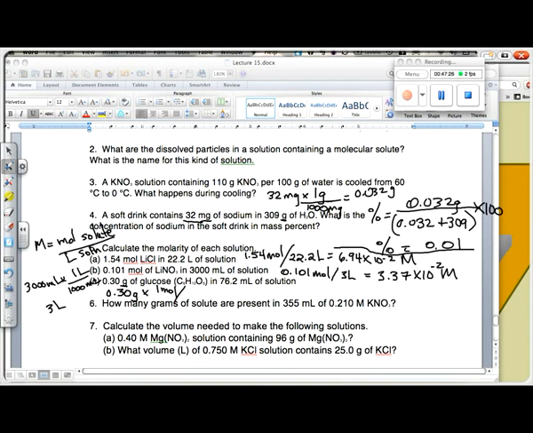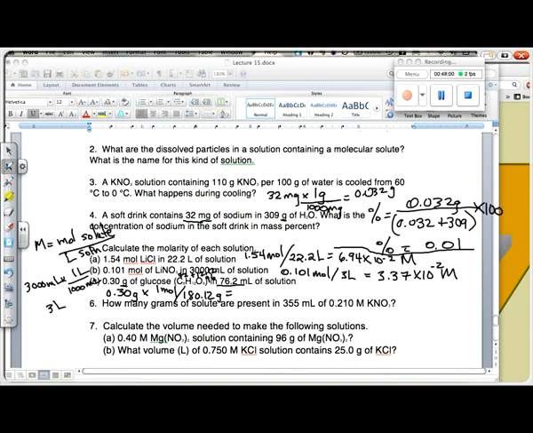So 6 times 12 for carbon, so 72, plus 12.12 for the hydrogens, and 96 for the oxygens, and that should add up to 180. Yep, 180.12. All right, and that'll give me my moles of solute.